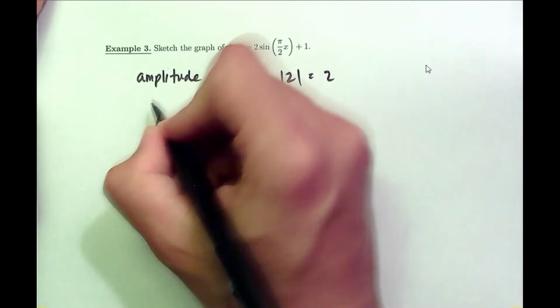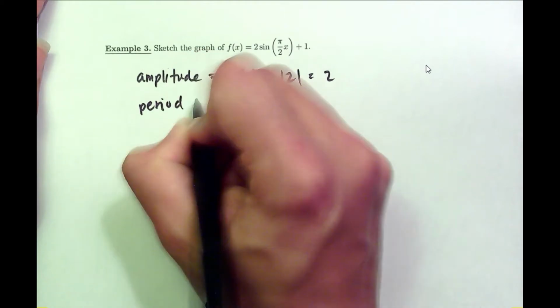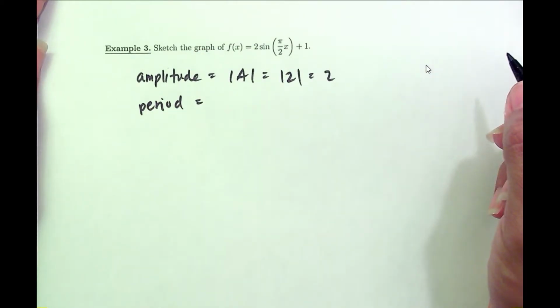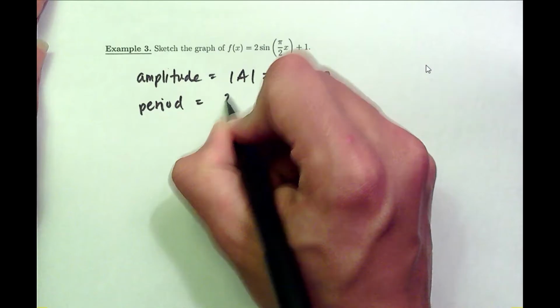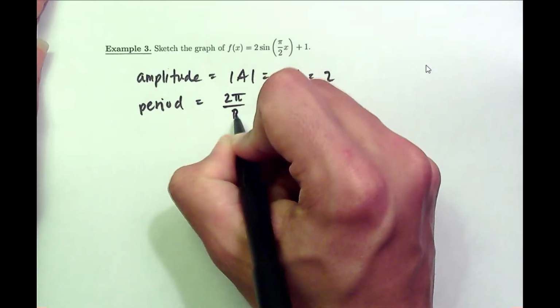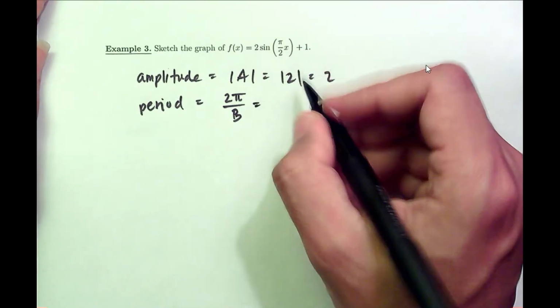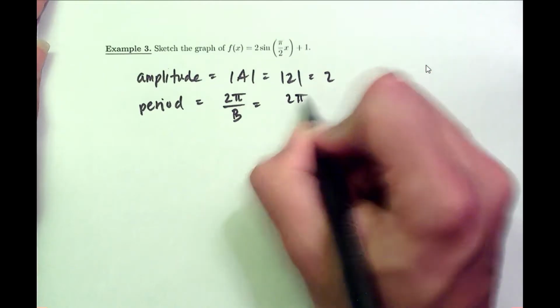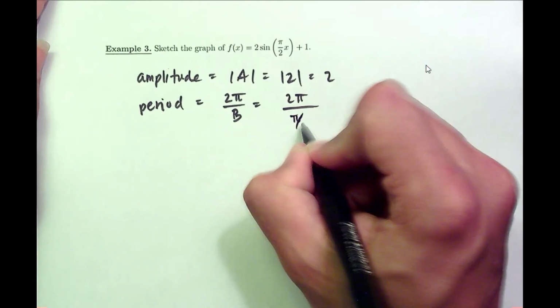All right, then the next thing, period. Period is a formula 2 pi over b. All right, and this is 2 pi. The b is pi over 2.